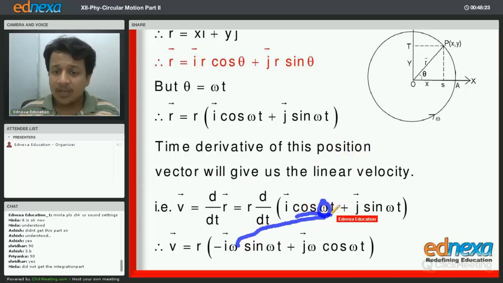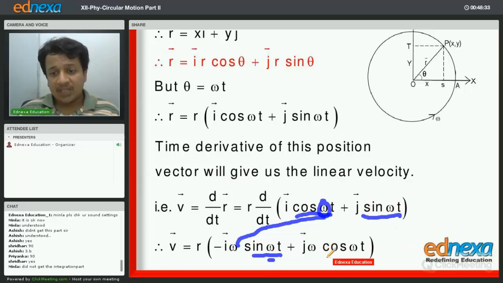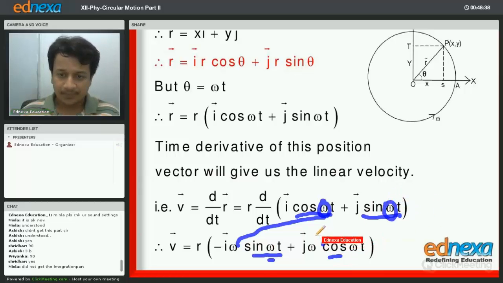Derivative of cos omega t is minus sin omega t, and derivative of sin omega t is cos omega t, and this omega will come outside.